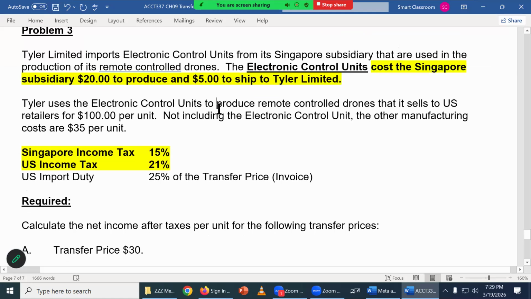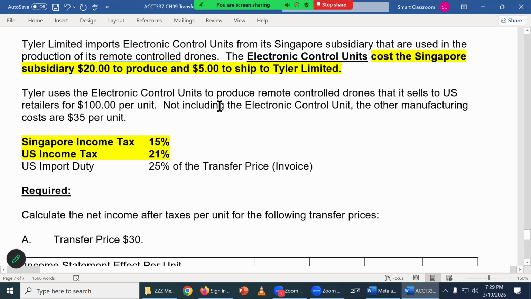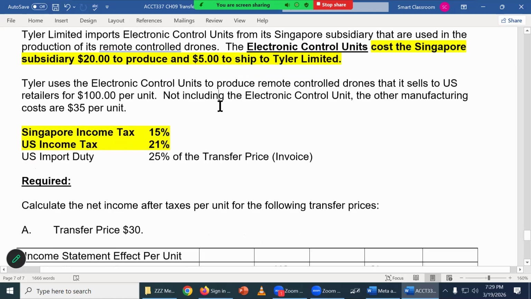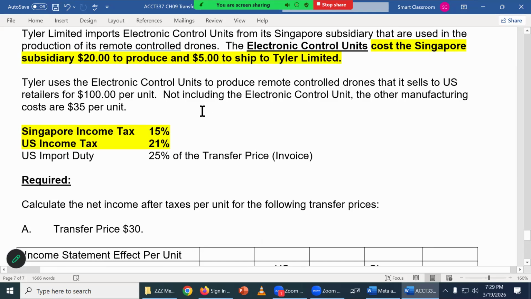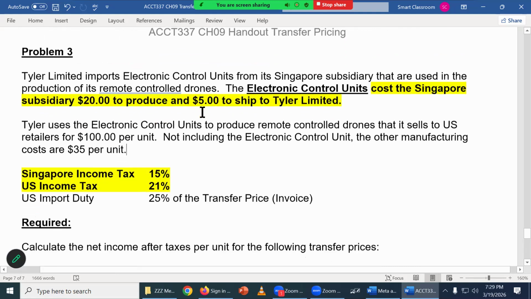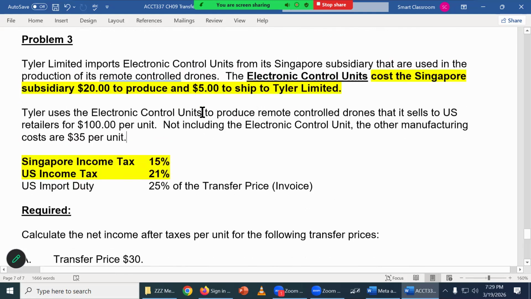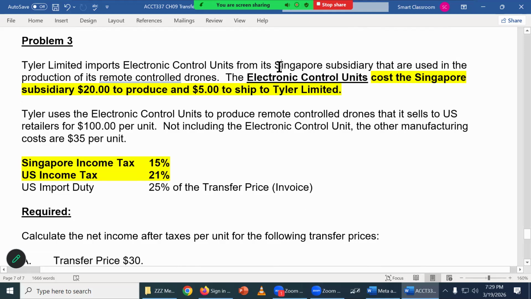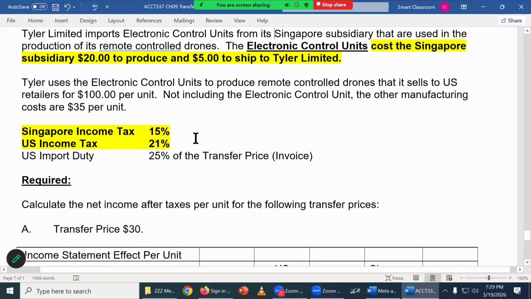Tyler uses control units to produce remote control drones that it sells in the United States to US retailers for $100. Not including the electronic control unit, the other manufacturing costs are $35. I'm assuming this is a wholly owned subsidiary. US import duty, 25%.